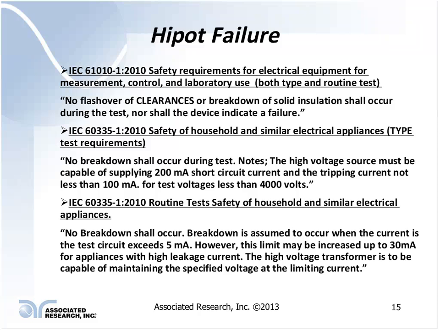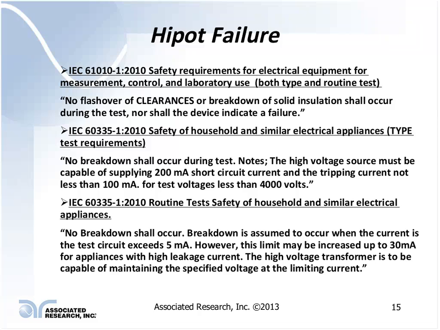The trip current shall not be less than 100 milliamps, and this is for test voltages of 4,000 volts or less. So here the trip current of the Hipot tester as a type test should be set for 100 milliamp trip, and any current below that basically is allowed to pass.